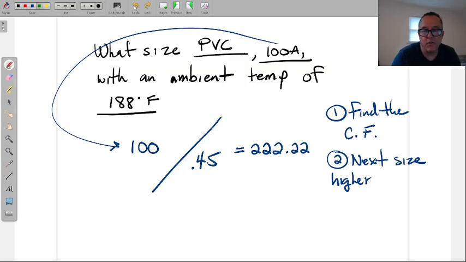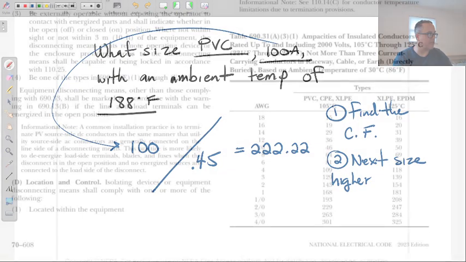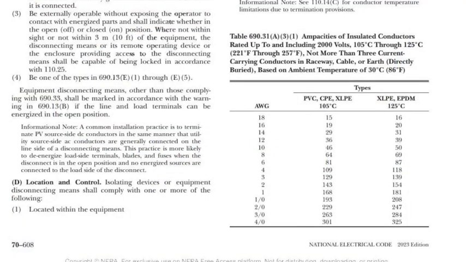But it could be that you land on the right number if, say, the decimal is 0.5 and you increase and you get to a whole number. So it's the number or higher, so 222.22 or higher. Meaning that when I come back over to this table with the wires, there is no 222.